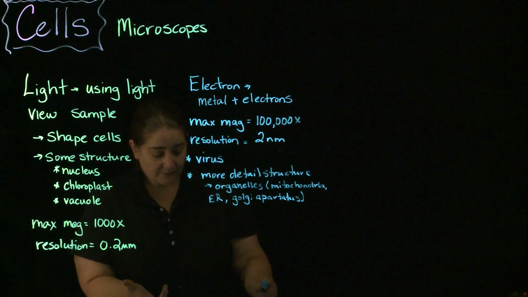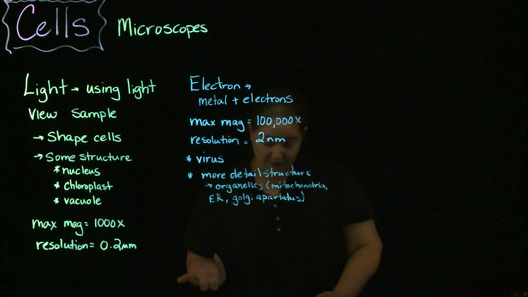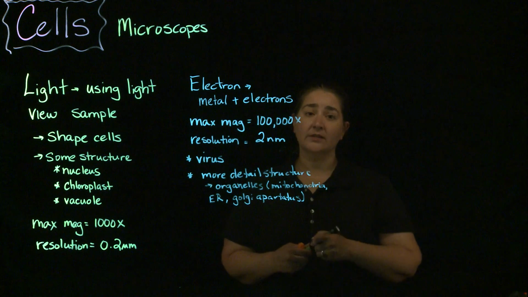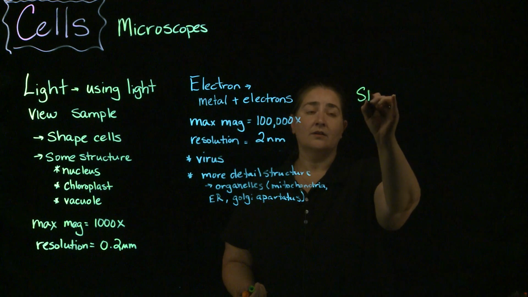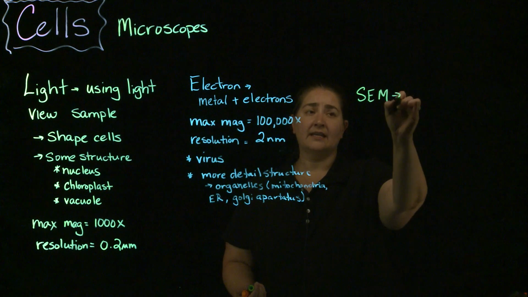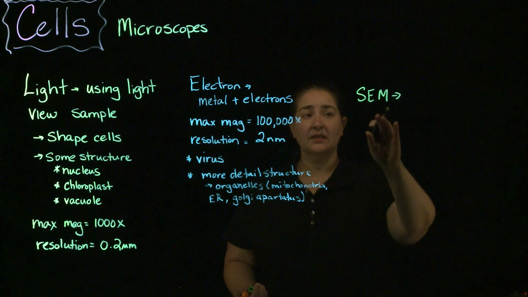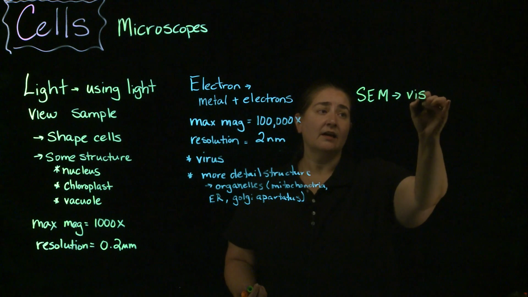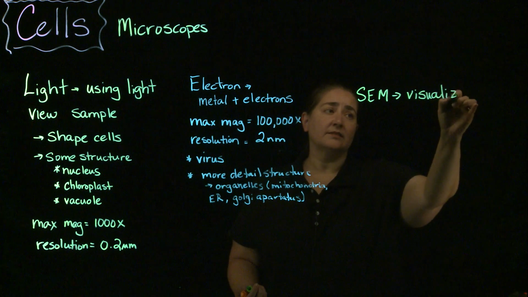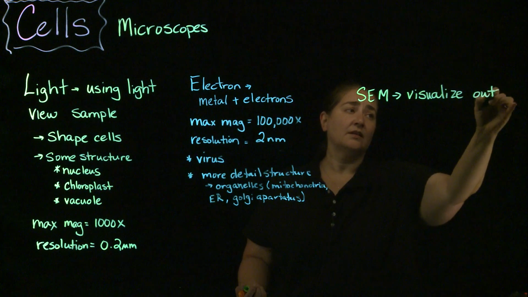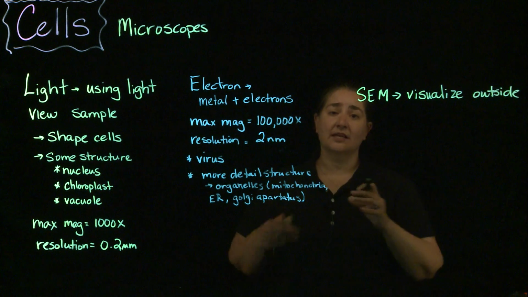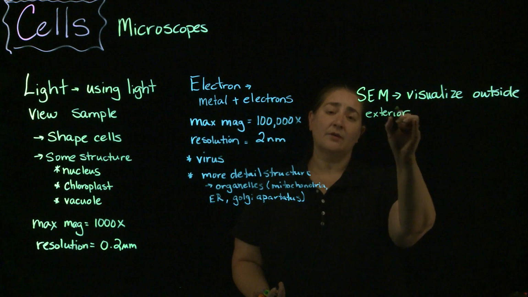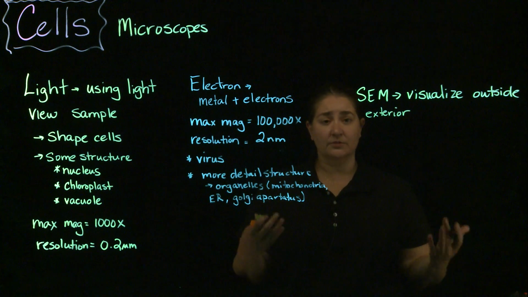Okay? And the difference really between, because with our electron microscope, I said we had the scanning electron microscope. The scanning electron microscope allows you to visualize essentially the outside or the exterior of a particular surface or a particular sample.